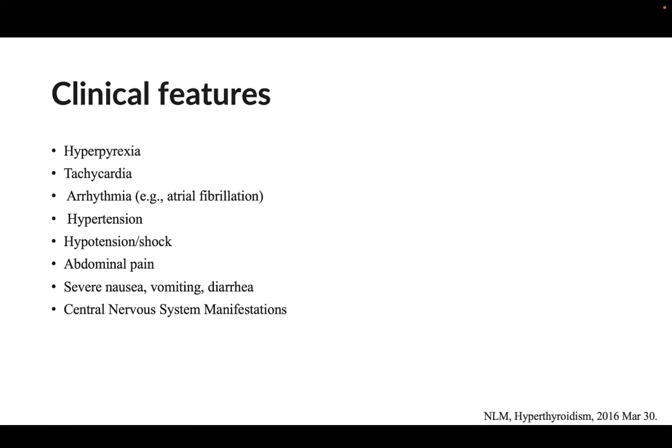In addition, patients can have hypotension and shock secondary to heart failure, or hypovolemia as a result of insensible losses. In addition, there will be the previously discussed symptoms of thyrotoxicosis, abdominal pain, nausea, vomiting, and diarrhea as well, and central nervous system manifestations like agitation, anxiety, delirium, and they can also have seizure and coma.